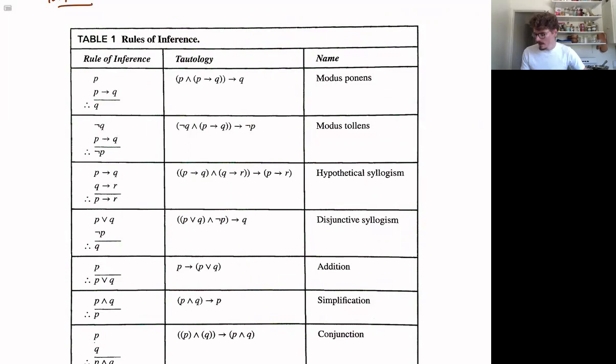So let's go to the second one, modus tollens. This is basically what I would call a contrapositive. Or somehow it's the contrapositive of the first one. Which is to say, if you know that P implies Q, and you know that Q is false, you can conclude that P is false.